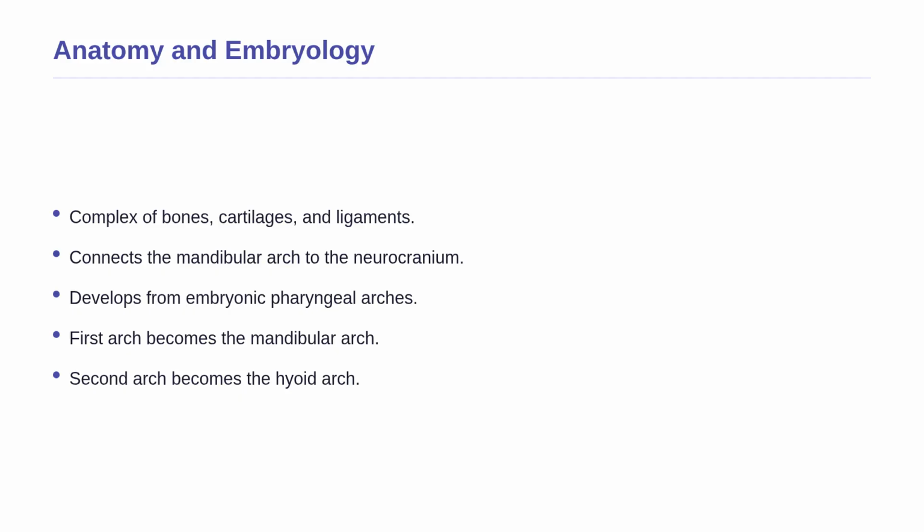Now that we have a mental picture, let us look at the formal scientific definition. The jaw suspensorium refers to the complex of bones, cartilages, and ligaments that connect the mandibular arch, which forms the lower jaw, to the neurocranium, or the brain case.